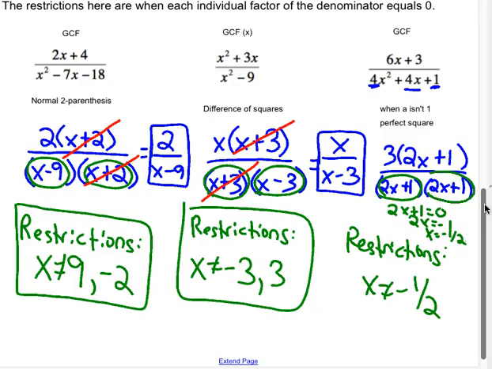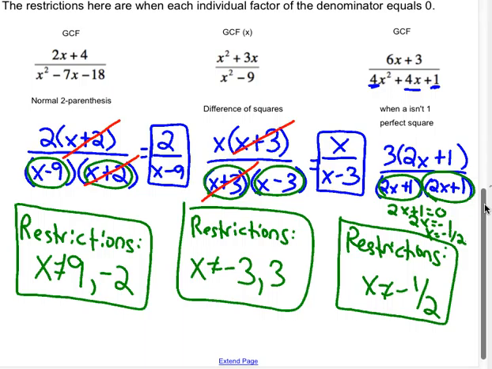Now, here I have a case where I have the same thing again, another 2x plus 1. If I have the same factor, it's going to lead to the same restriction, and I don't really have to show that. Once the restriction is on my list, it's on the list, so you don't need to repeat it. The only one I have to show is the negative 1/2, once.